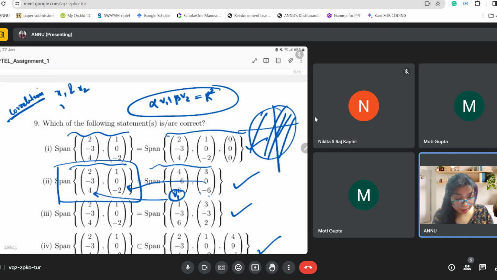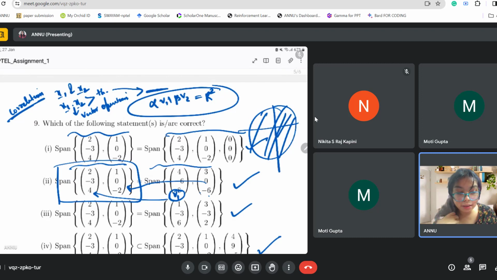Then x1 correlation with x2 is actually a vector operation, and any signal can be written as a vector. So you have the x1 vector and the x2 vector, and you compare the result with respect to a threshold, th. Only then you say this particular object is existing. So this is one example of applied linear algebra.